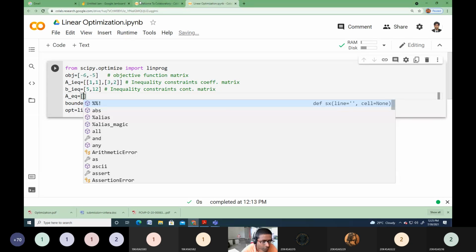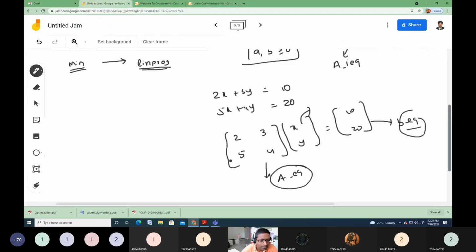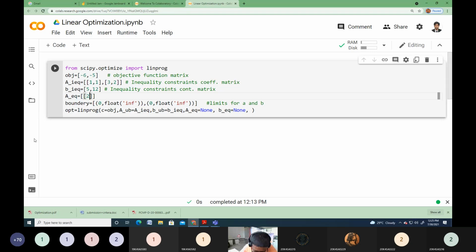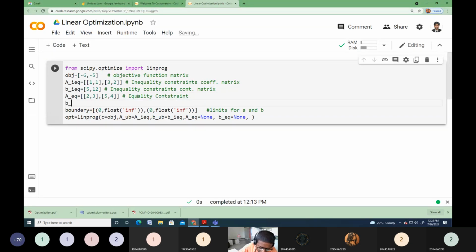It is 2, 3 in one row, and another row is 5, 4. So this corresponds to the equality constraint. And coming to the constant matrix b_eq, that is 10, 20. That's it. This is the constant matrix.